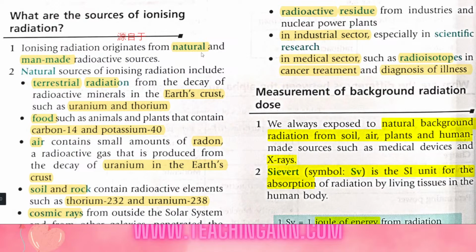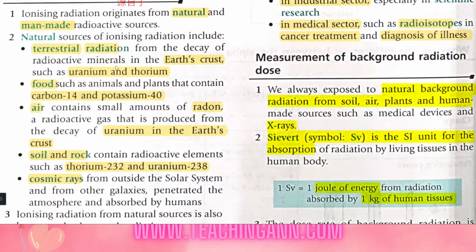Natural sources include terrestrial radiation. Terrestrial means decay of radioactive minerals in the earth's crust. Do you know what the earth's crust is? So the minerals, when they decay, produce radiation. Why do we know? Because uranium and thorium are found in the soil. We found it from the earth.